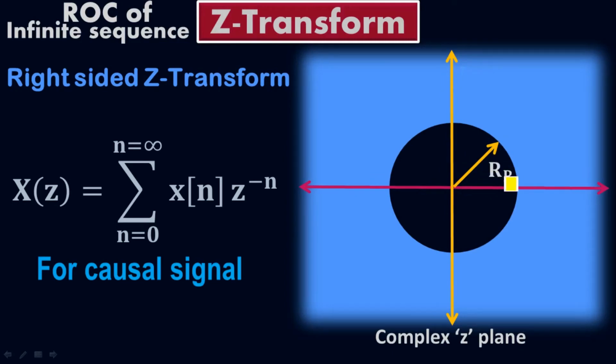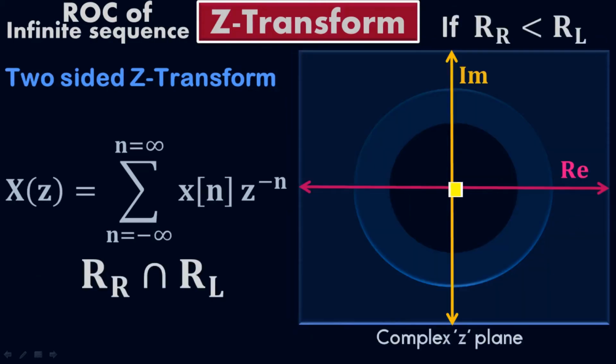So the radius for the left-sided Z-transform is greater because it starts from here up to here. The radius of the left-sided Z-transform, R sub L, is bigger than the radius of the right-sided Z-transform, R sub R.